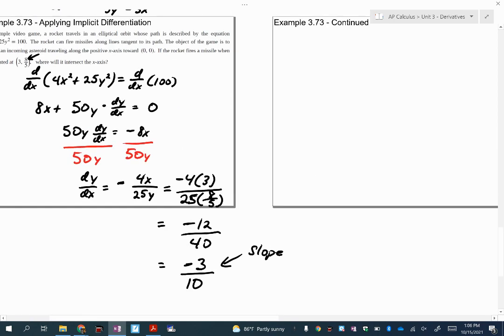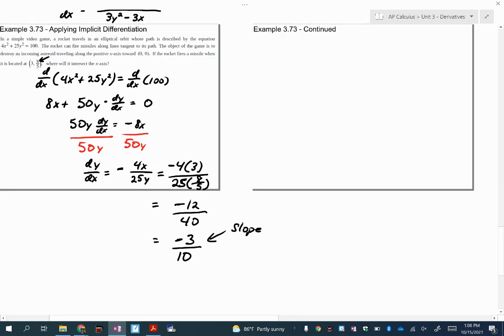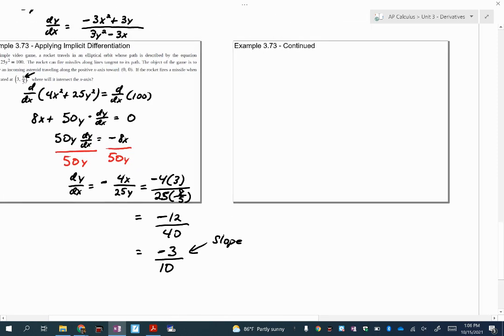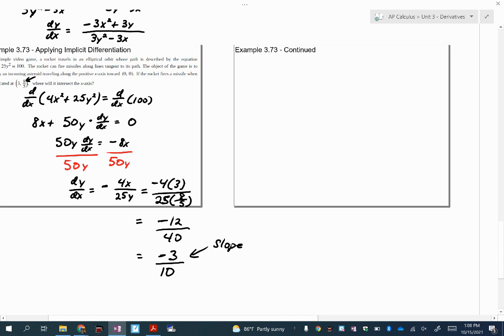Now I'm going to use my point, which is (3, 8/5), and my slope, which is negative 3/10, to use point slope form. So y minus y sub 1 equals m times x minus x sub 1. So y minus 8/5 equals negative 3/10 times x minus 3.